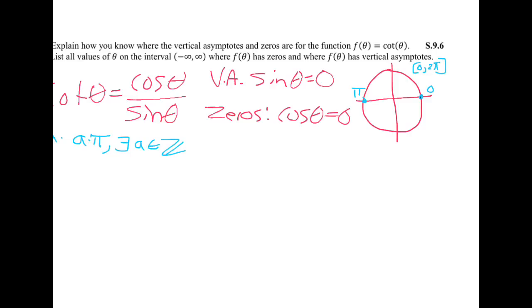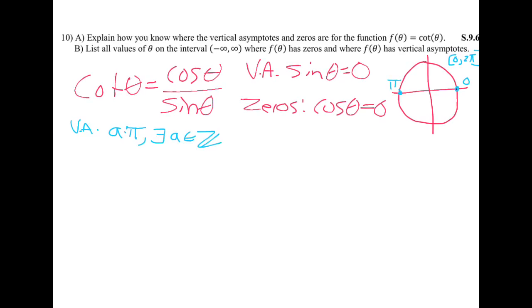If a was 0, we'd get 0, which has a sine value of 0. If a were 1, we'd get pi. If a were 3, we'd get 3 pi, which is the same as pi. If a were 4, we get 4 pi, which is the same as 2 pi. The point is, we'll be jumping back and forth between those 2 points. So at all integer multiples of pi, we will have a vertical asymptote.